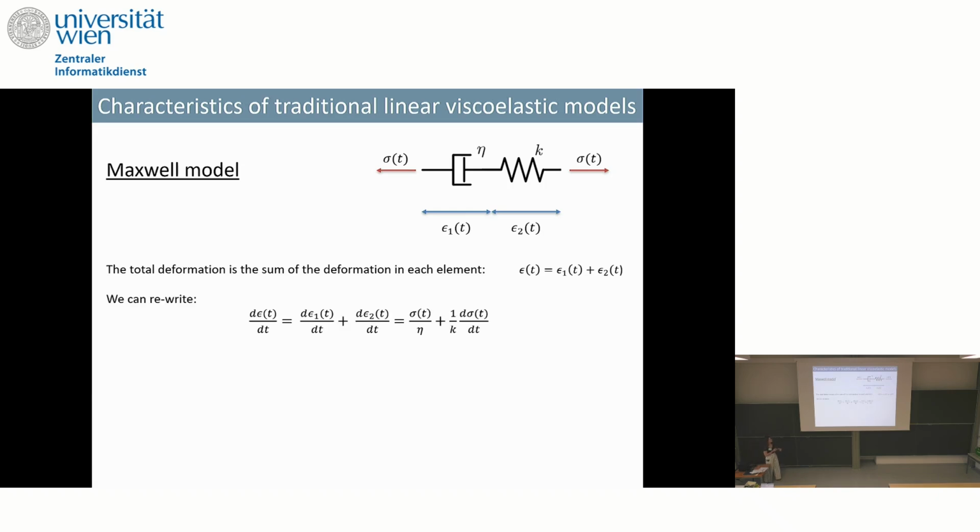So we can also take the derivative of this function. We write that the derivative of the total strain is given by the derivative of the strain on the dashpot plus the derivative of the strain on the spring. We do know the constitutive relationship of these unit blocks, so we can find the relationship between the derivative of the strain and the stress. Here.